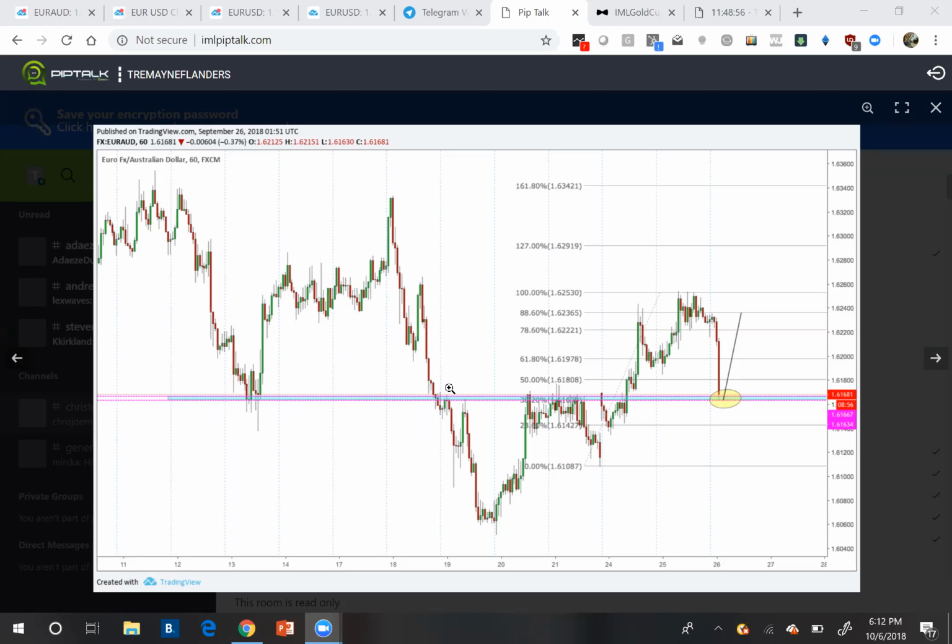It's called the pullback. So in this case, it went down and then it pulled back and then it continued going down. It came up, checked it, went back again, right? Came up here, tried to pass it a couple of times, did not, went back down. Then eventually it came up, and normally when it passes the fence, it passes with a strong, long candle, right? Now this candle here is a long candle.